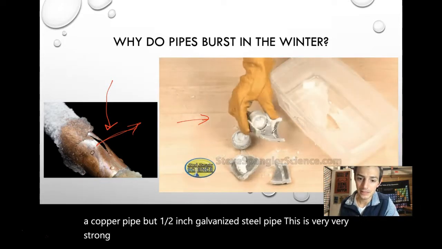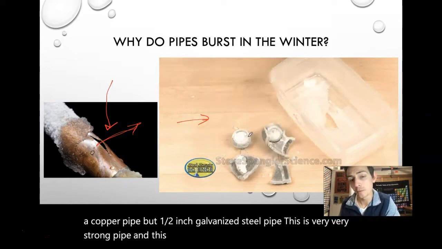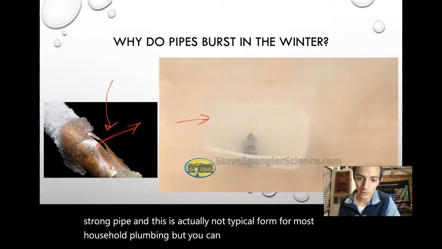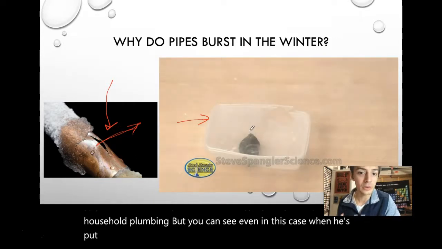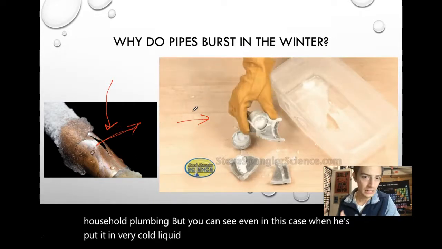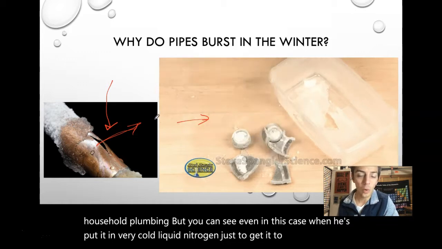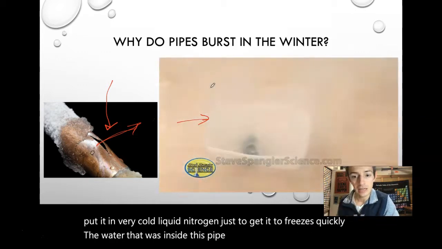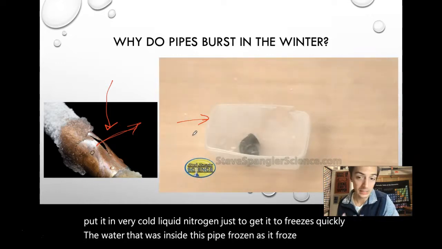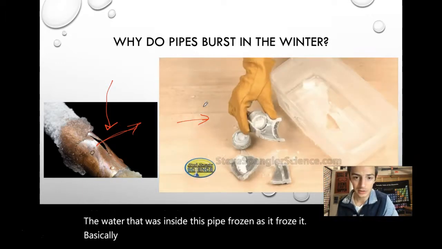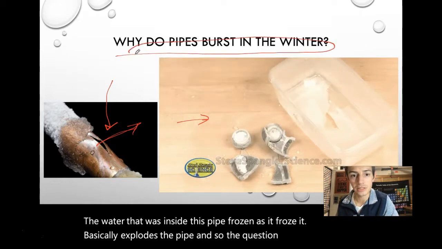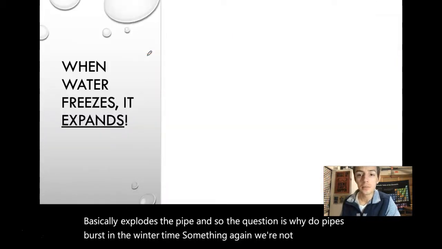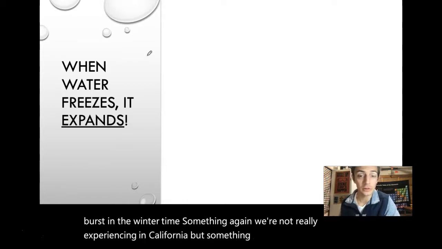This is actually not typical for most household plumbing, but you can see even in this case when he's put it in very cold liquid nitrogen, just to get it to freeze quickly, the water that was inside this pipe froze, and as it froze, it basically explodes the pipe. And so the question is, why do pipes burst in the wintertime? Something, again, we're not really experiencing in California, but something that people experience all over the world.